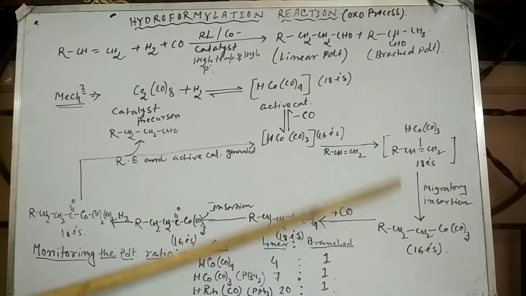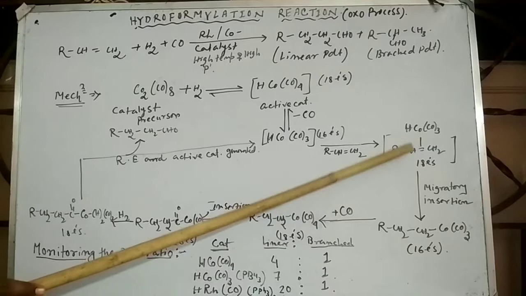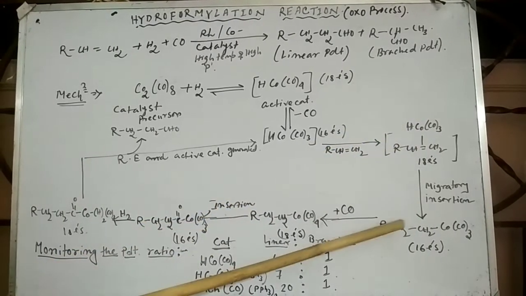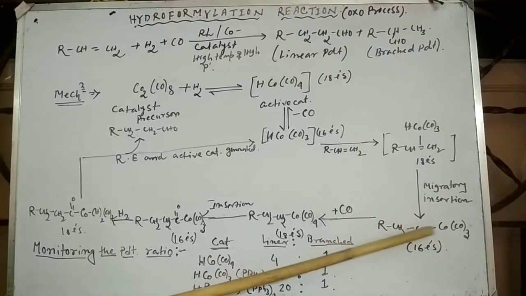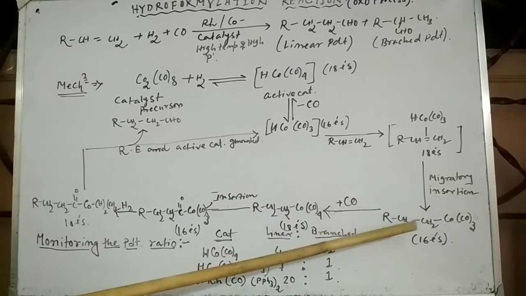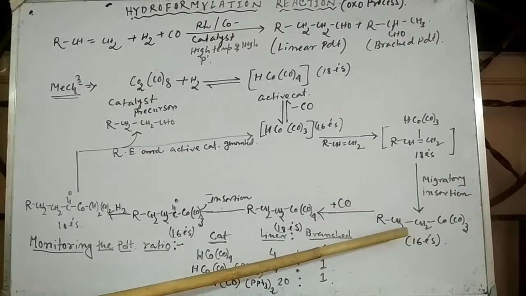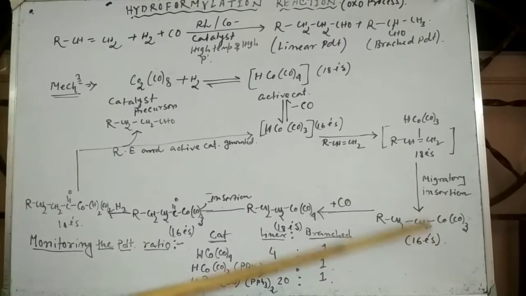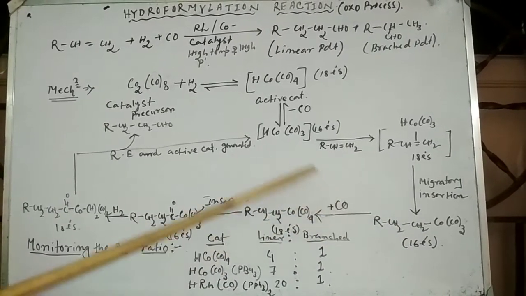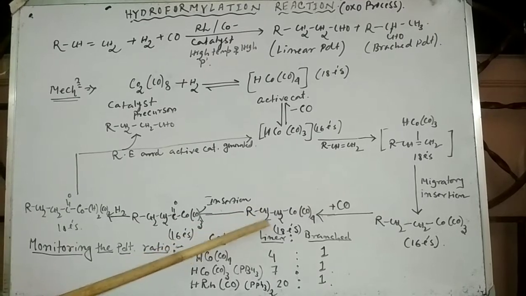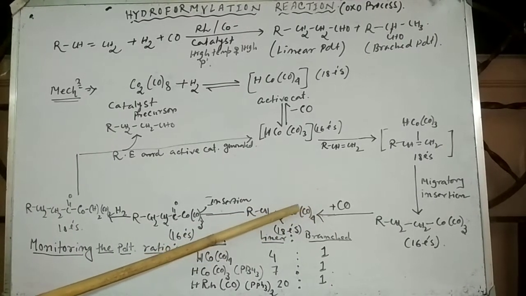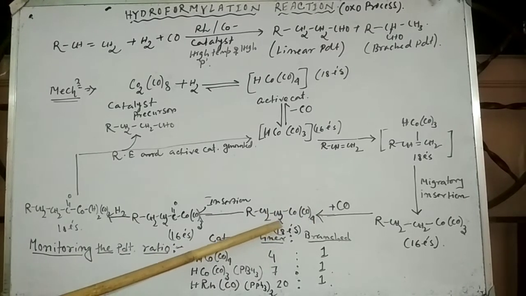In this step, migratory insertion takes place into the Co-H bond to form RCH2CH2Co(CO)3, which follows the 16 electron rule. Then, with the addition of a CO molecule, the complex RCH2CH2Co(CO)4 is obtained, and it follows the 18 electron rule.